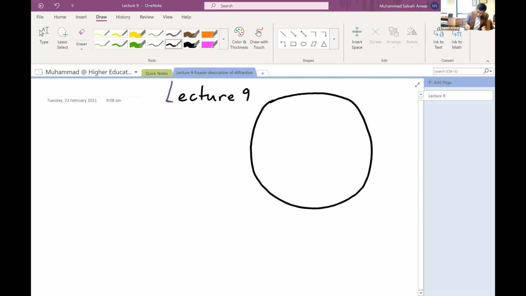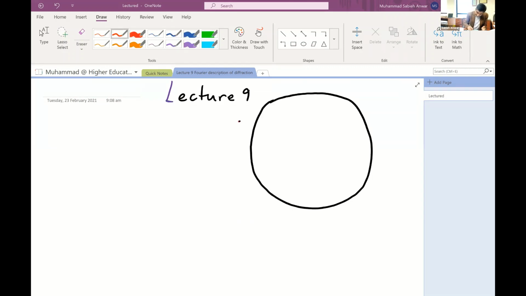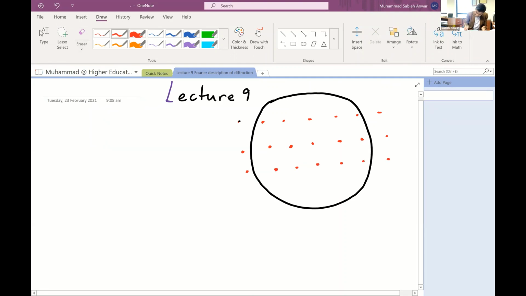So I have points which correspond to the reciprocal lattice. All right. So I draw the reciprocal lattice.